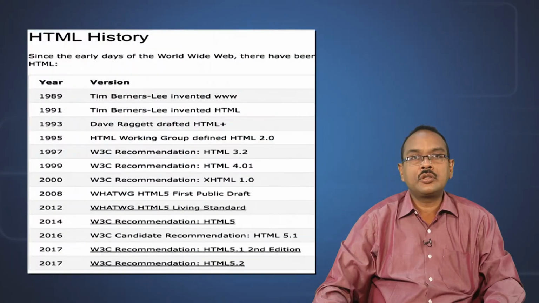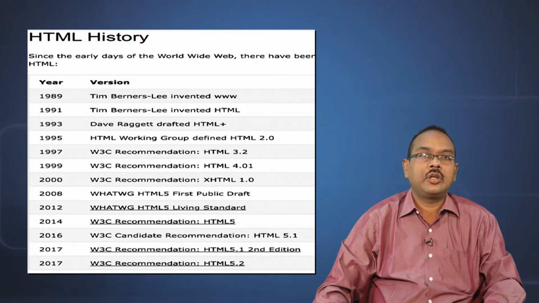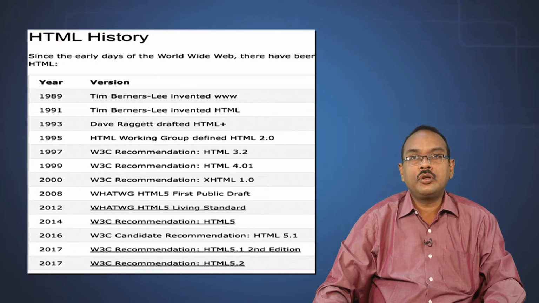So, HTML started in 1989 and it was invented by Tim Berners-Lee. He invented the World Wide Web also. Then we have 1991, Tim Berners-Lee invented HTML. So, in 1989 he invented the World Wide Web, in 1991 he invented HTML.